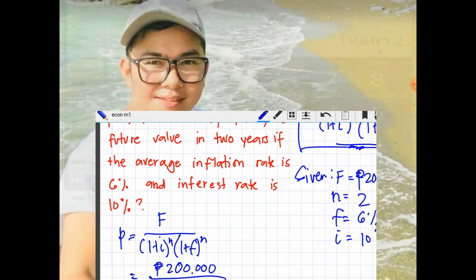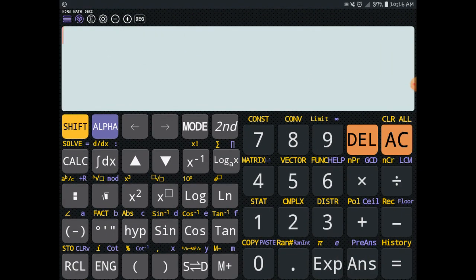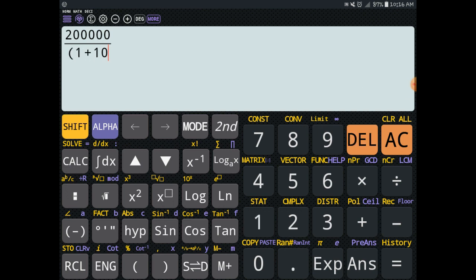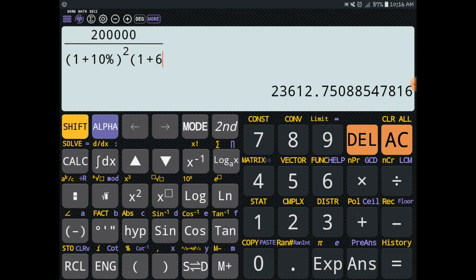Then we get the present value: 147,106.85.